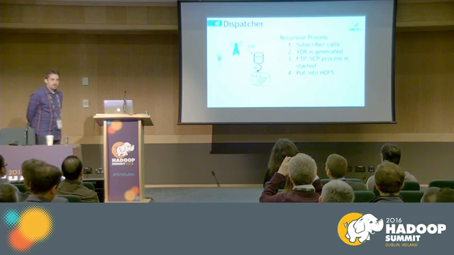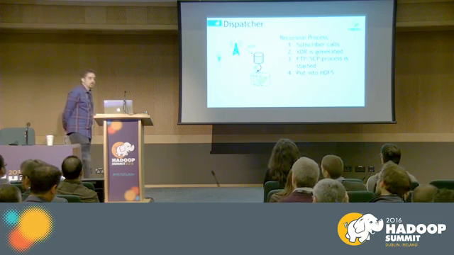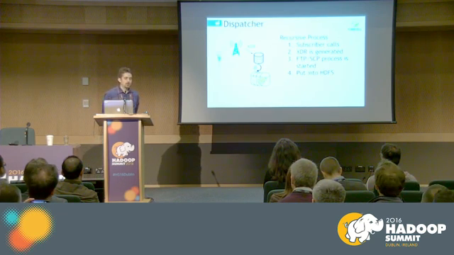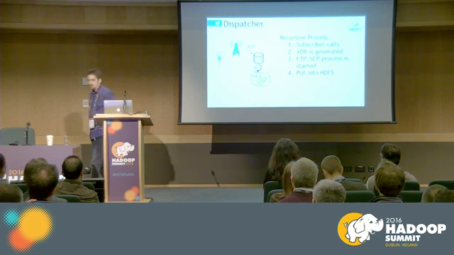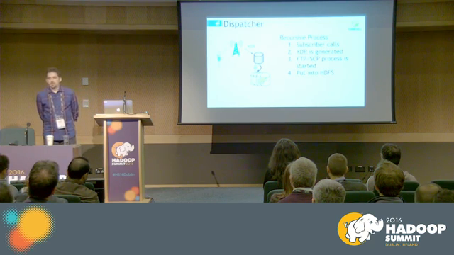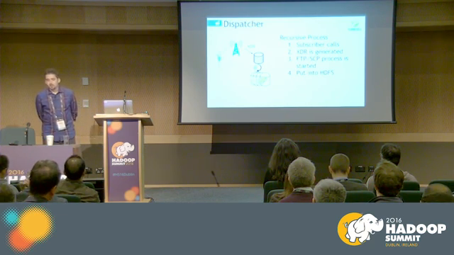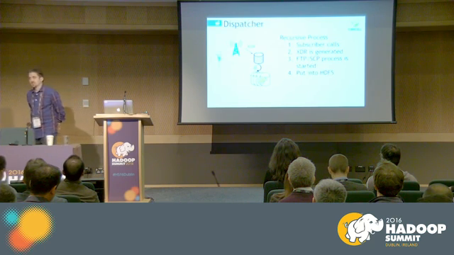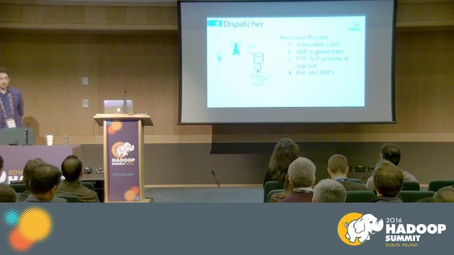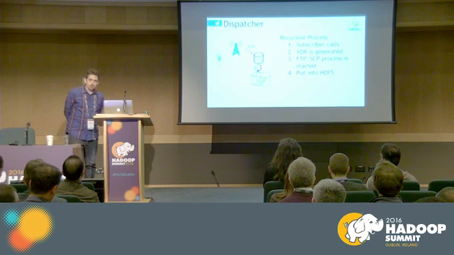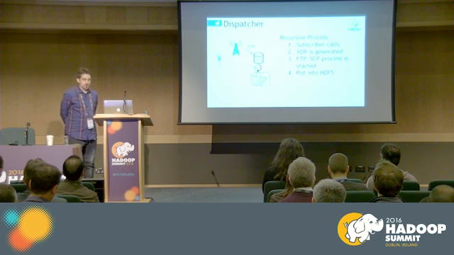And when the conversation has ended, it's ready to ship anywhere you want. So an FTP or HTTP process is started after that and puts it into our HDFS cluster. This is a recursive process. We need to collect this data all the time.